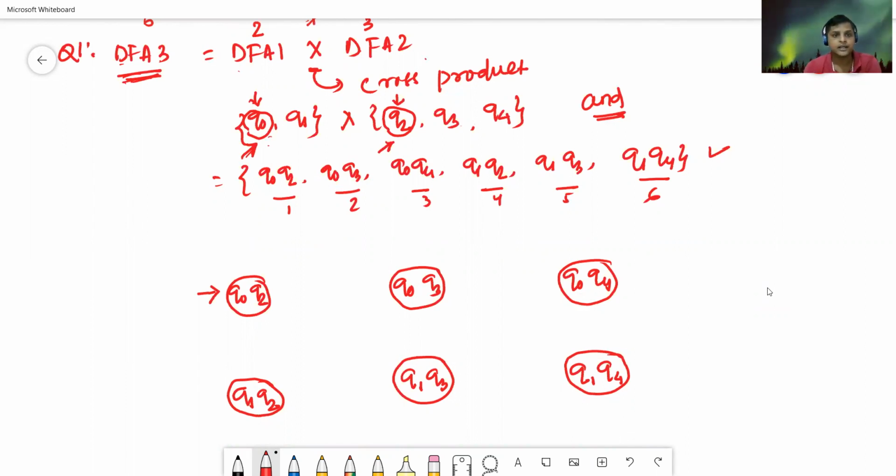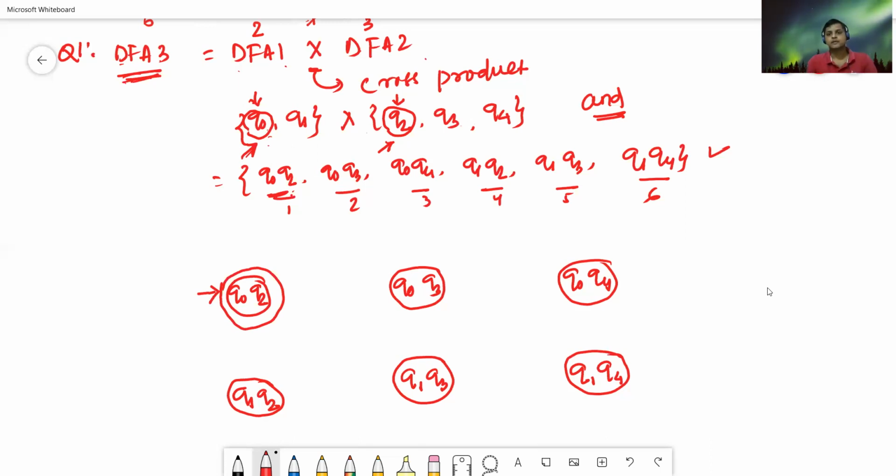See here, this state Q0, Q2 contains Q0 of DFA1 and also Q2 of DFA2. So Q0, Q2 will be the final state.